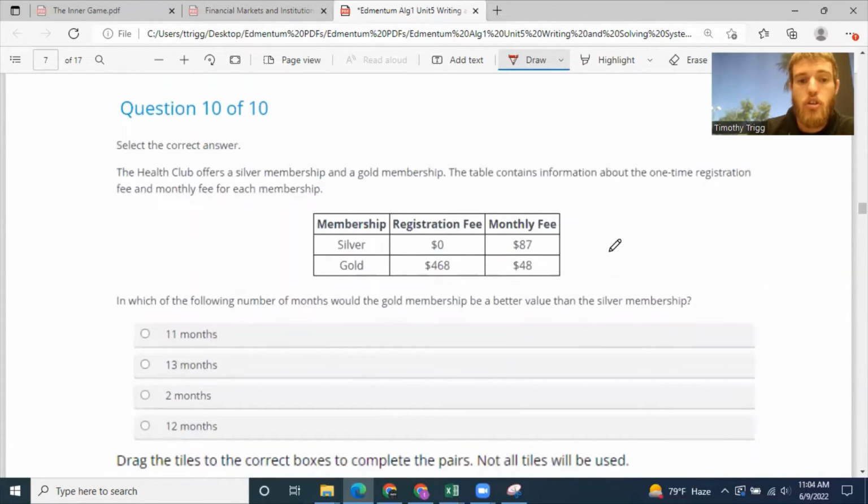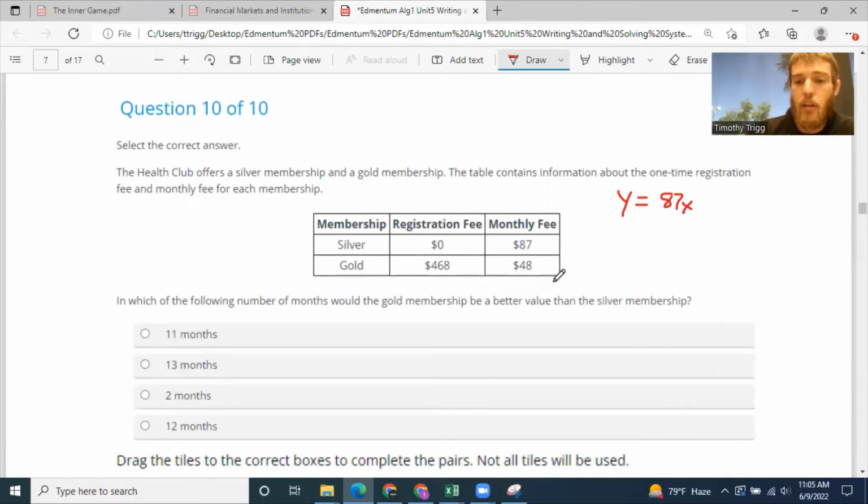Okay. So let's look at the silver membership. So the total cost, we're going to have y be the total cost. The total cost of the silver membership is $87 times the number of months. So X is going to be the number of months. Y is going to be the total cost.